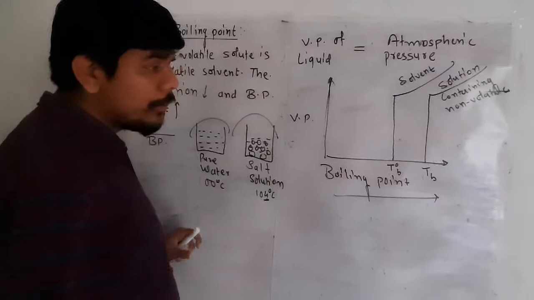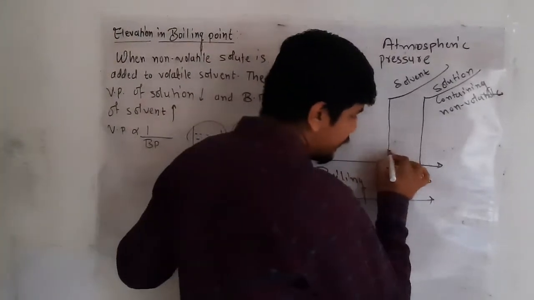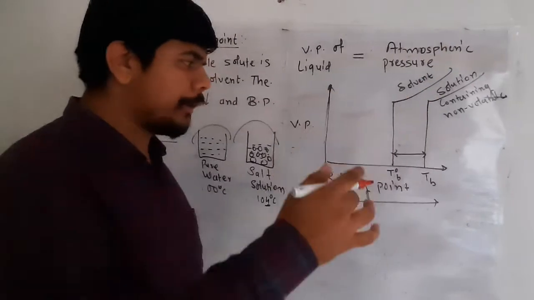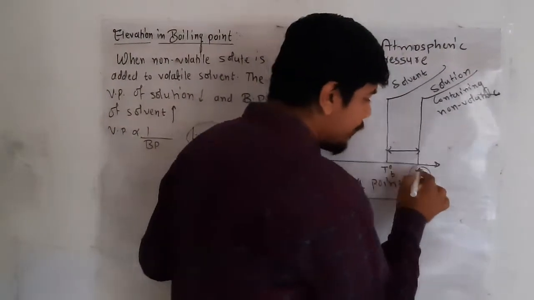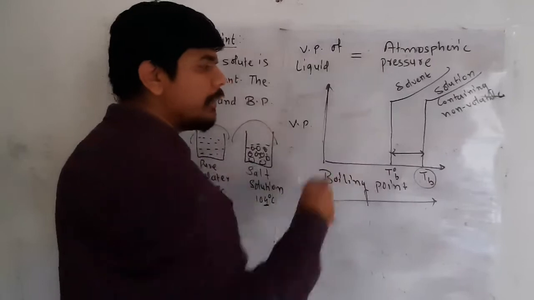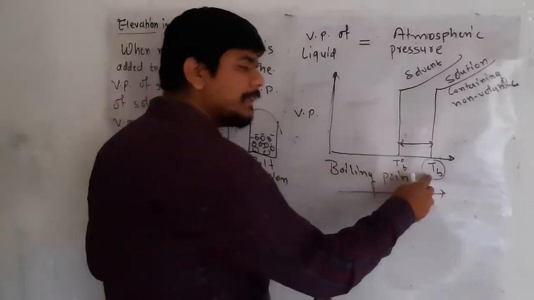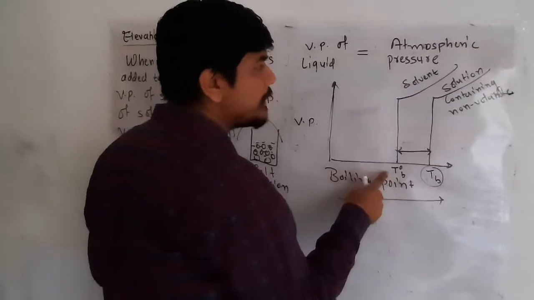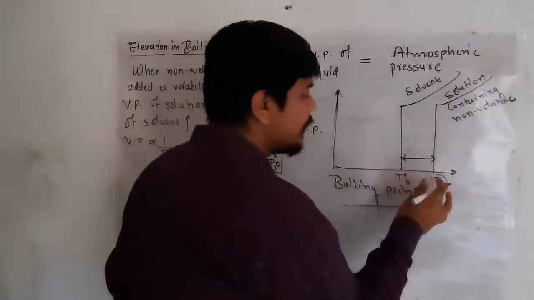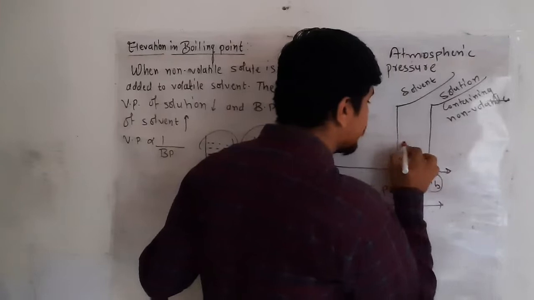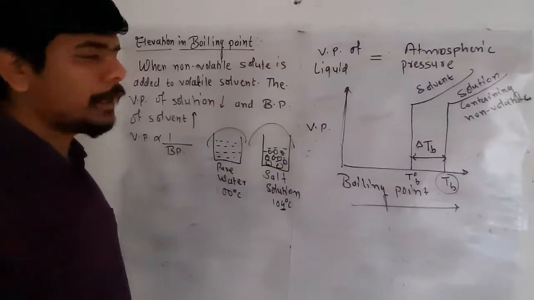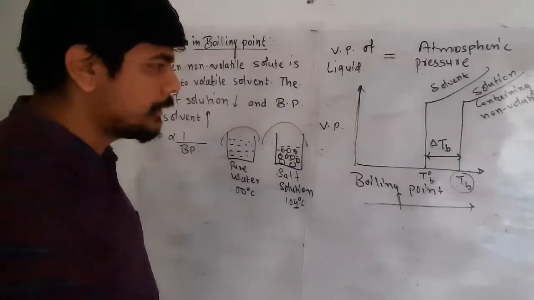Now the difference between TB and T0B is the increase in the boiling point. TB is the boiling point of the solution, increased by adding a non-volatile solute. T0B is the boiling point of the pure solvent. The difference between TB and T0B is called delta TB. I hope all of you understood this much.